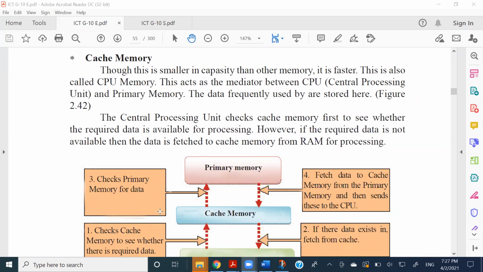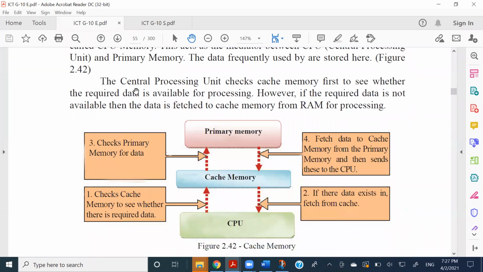But when they introduced it, the cache memory acts as the mediator in between the primary memory and the CPU, like your book shows in this diagram, right? So CPU is there, primary memory or the RAM is there, and cache memory stays in between. So that means cache memory is closer to the CPU, and comparatively, main memory is a little bit distant from the CPU, right?